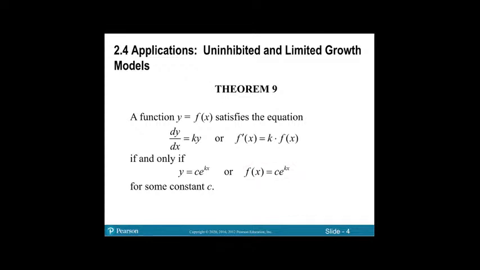So then it should be c times e to the kx times k. What am I missing?